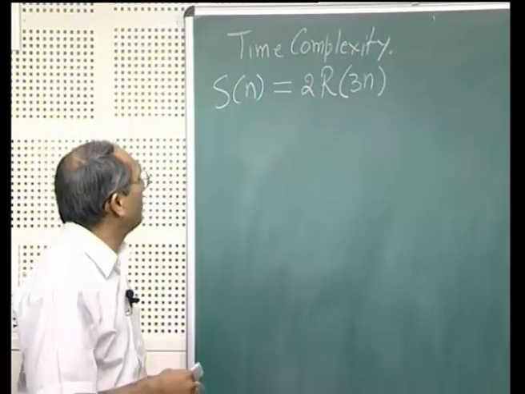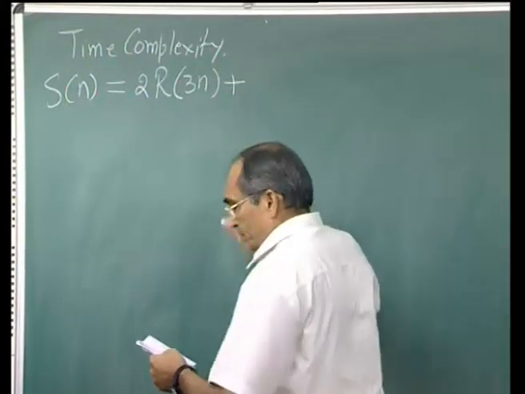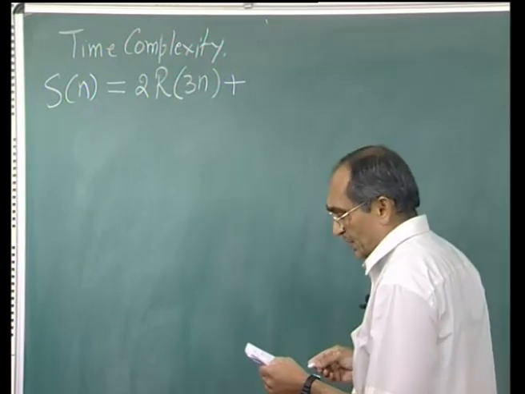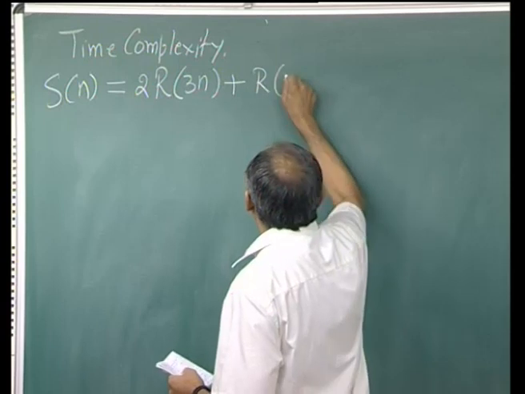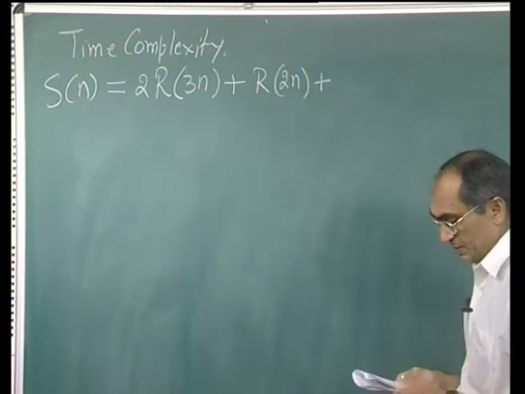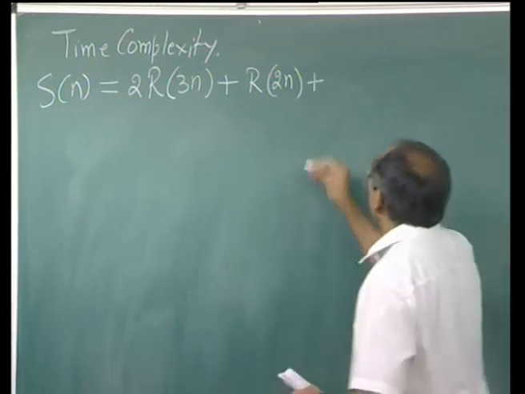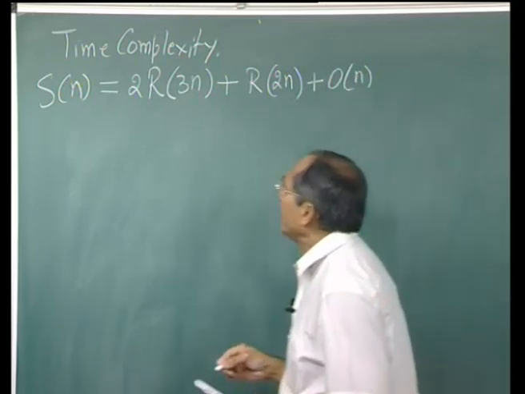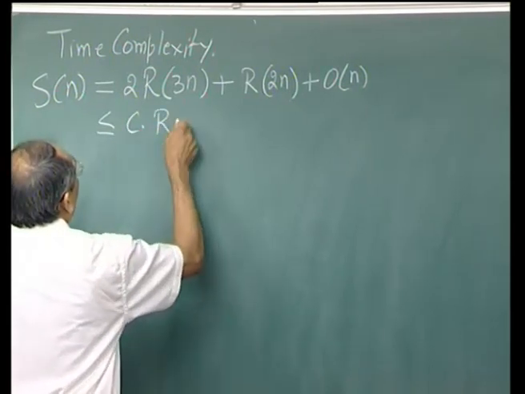So, the degree was 3n. We also computed a reciprocal of C prime. C prime had degree 2n minus 1. So, this is R of 2n. In addition to that, all we have done is some linear operations. So, this is of the order n. So, we can say that this is less than or equal to some constant times R of 3n.